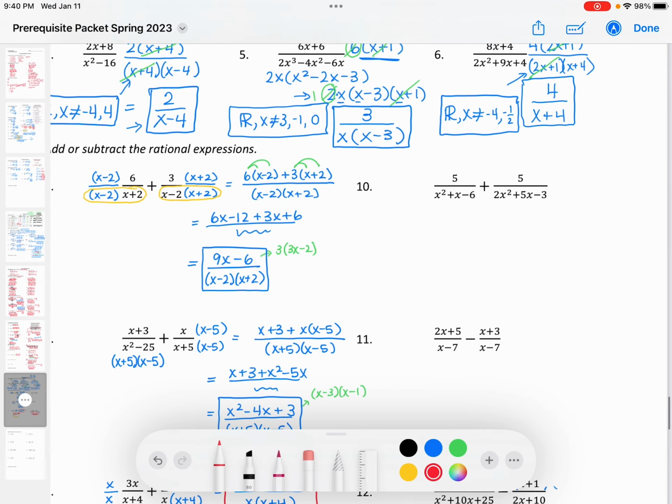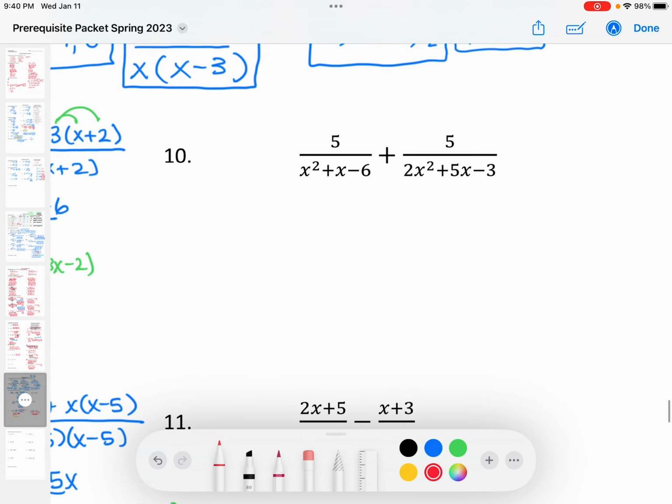All right, number 10. This looks awful, but if we factor first, again, I could use the AC method here. I think I can take a stab at guess and check, and I think I did okay.